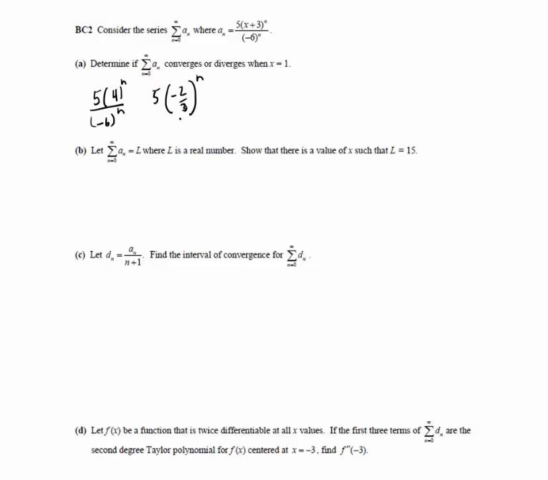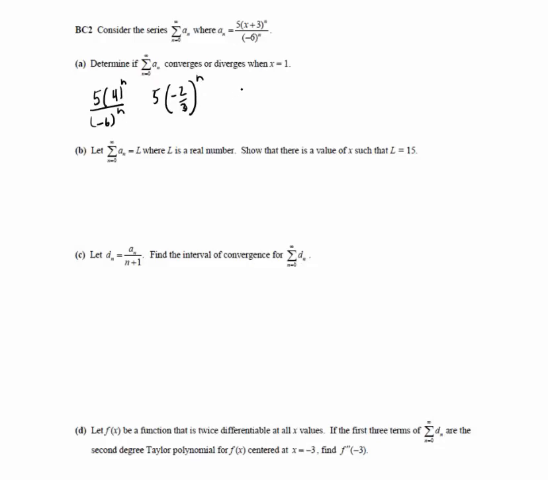And that's actually helpful to do because now hopefully you can see what kind of series that is, and it looks like it's a geometric series because this is your ratio raised to a power. So this is r raised to a power.